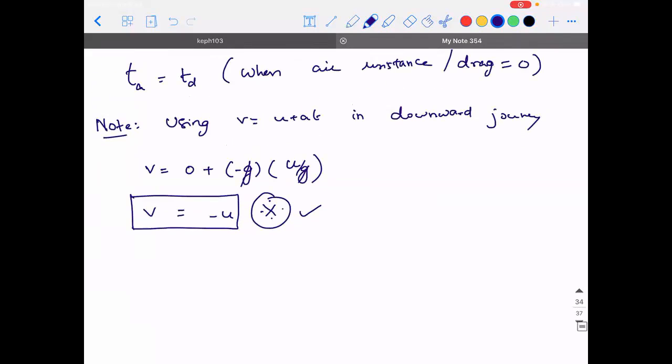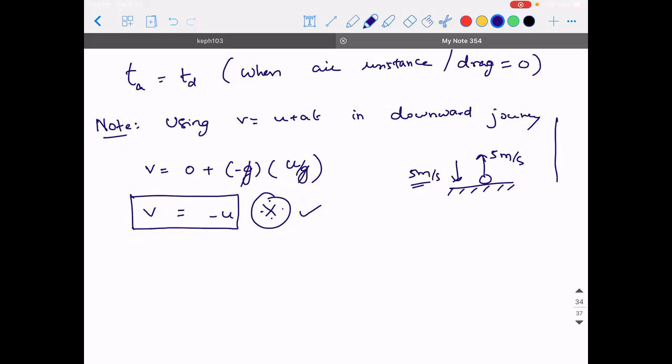So they can ask you one more question. Let's say there is an object which is projected with a speed of 5 meters per second. What is the speed with which it is going to hit the ground? If nothing is mentioned in the problem, by default air resistance is ignored. Then you can just write it as 5 meters per second in the downward direction. That's it. Sometimes we unnecessarily sit and calculate other things.